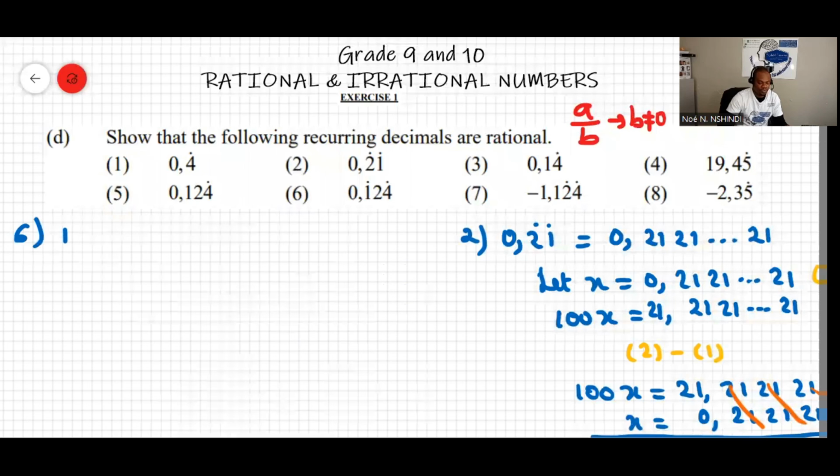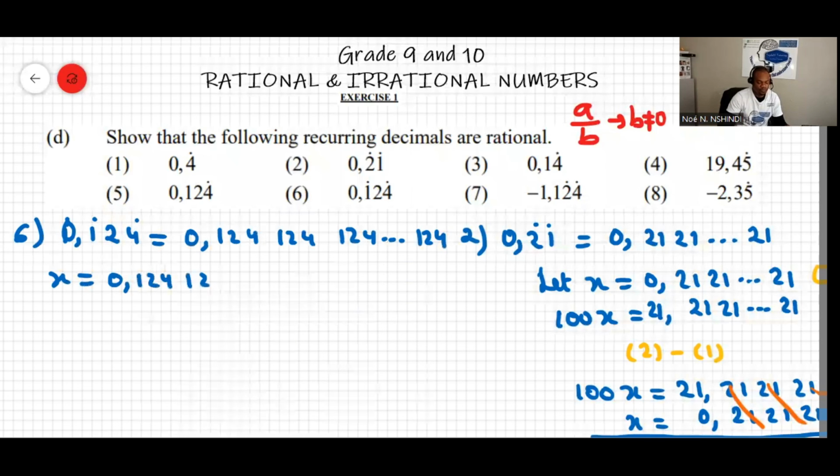When we have 0, 1 dot, 2, 4 dots, it simply means this is 0.124, 124, 124, etc., 124. That's what it means. Now, let x be equal to 0.124, 124 dot dot dot 124. We can just write as many 124s as we want.